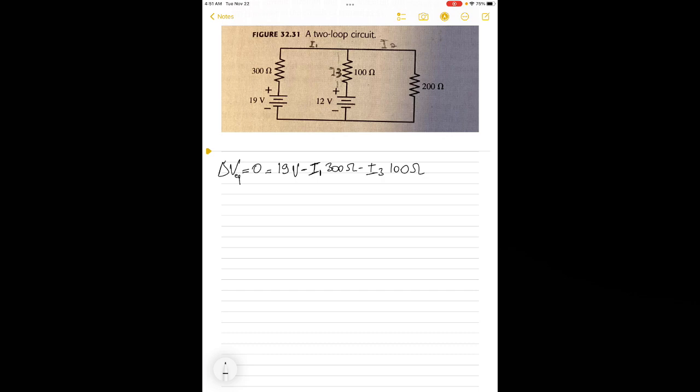Then there's a second battery, and that's another drop of 12 volt, and all of this has to equal 0.